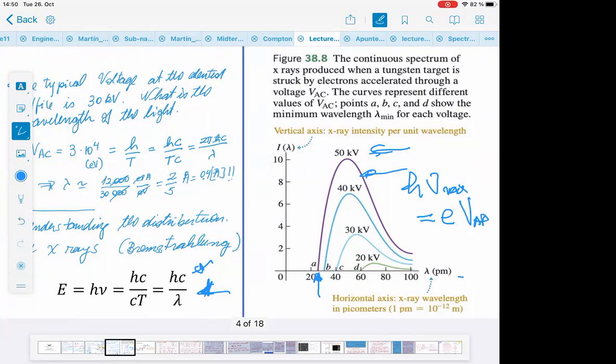And this is nu max for each graph. This is nu max here, this is nu max here. So the maximum energy photon that is coming out of a 30 kilo electron volt has almost 40 picometers of wavelength.